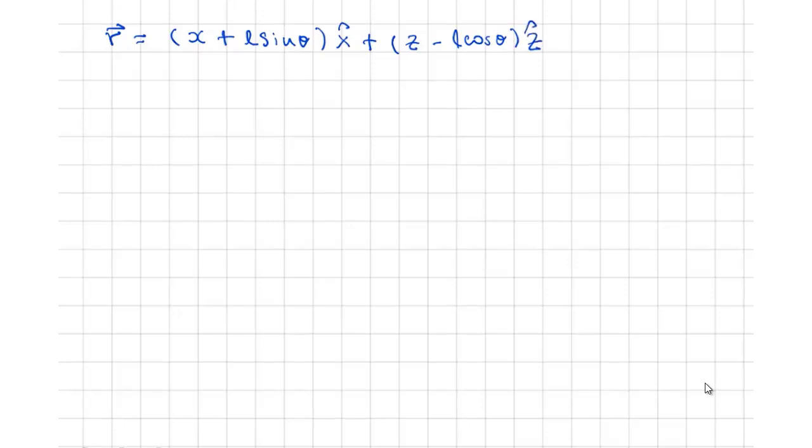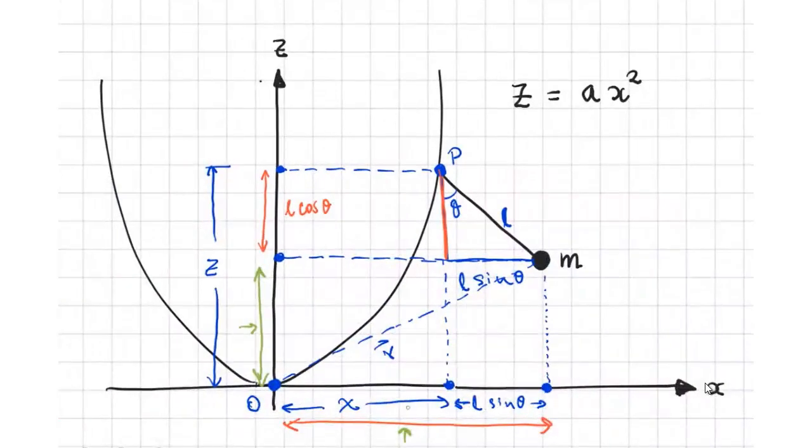Remember, this distance plus this one is the position along the x-axis, and this distance minus this one is the position along the z-axis.